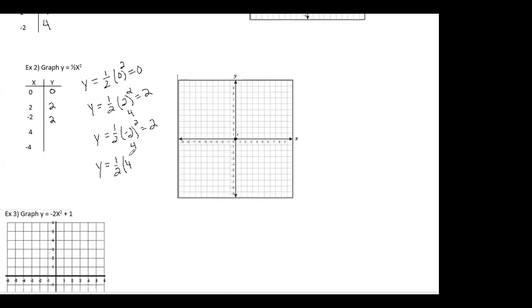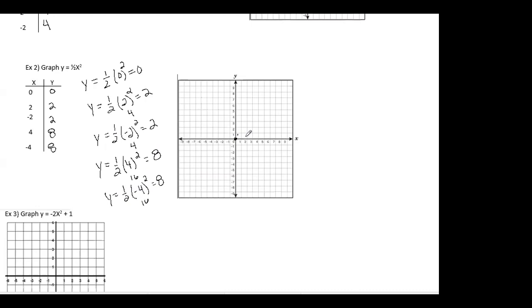Now I'm going to plug in 4. 4 squared is 16. 16 times 1/2 is 8. And then our last one, 1/2 times -4 squared. So -4 squared is still a +16. 16 times 1/2 is 8.